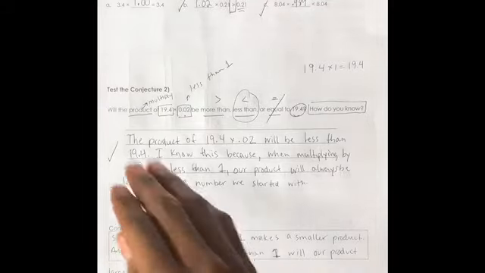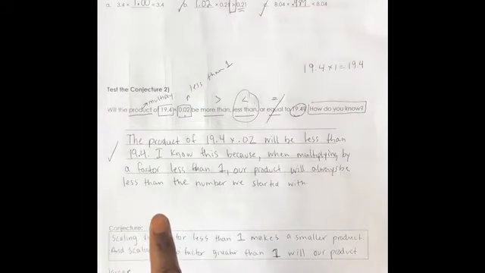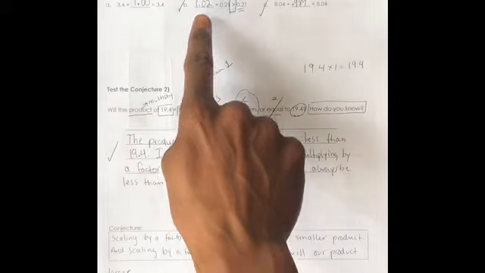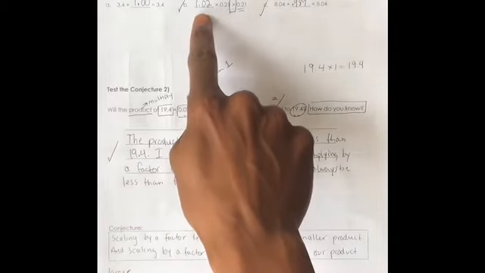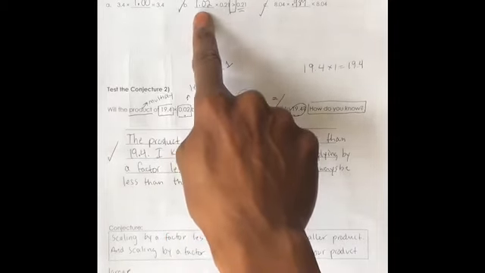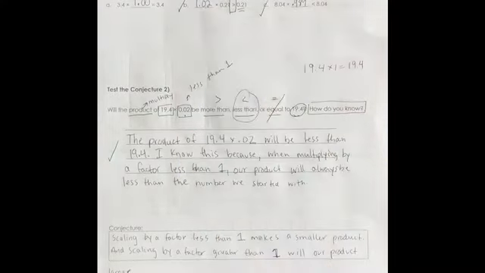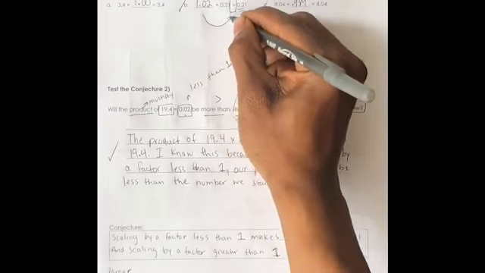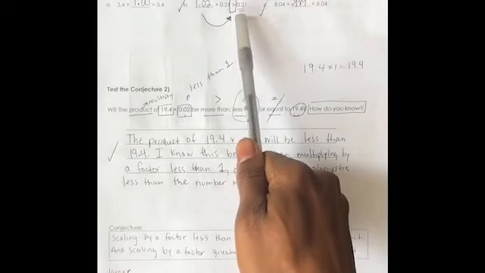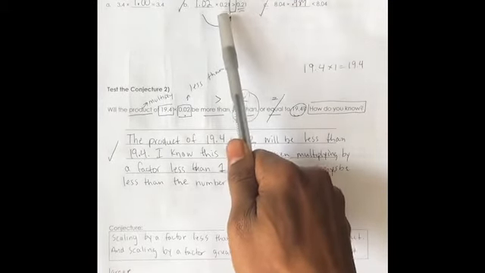So let's just review these two problems really quickly and see if this conjecture held true. We're going to skip letter A right now, but we'll come back to it. In letter B, we see that we scaled by a factor greater than 1. 1 and 2/100ths is indeed greater than 1. And we saw that our product here was greater than the number we started with.